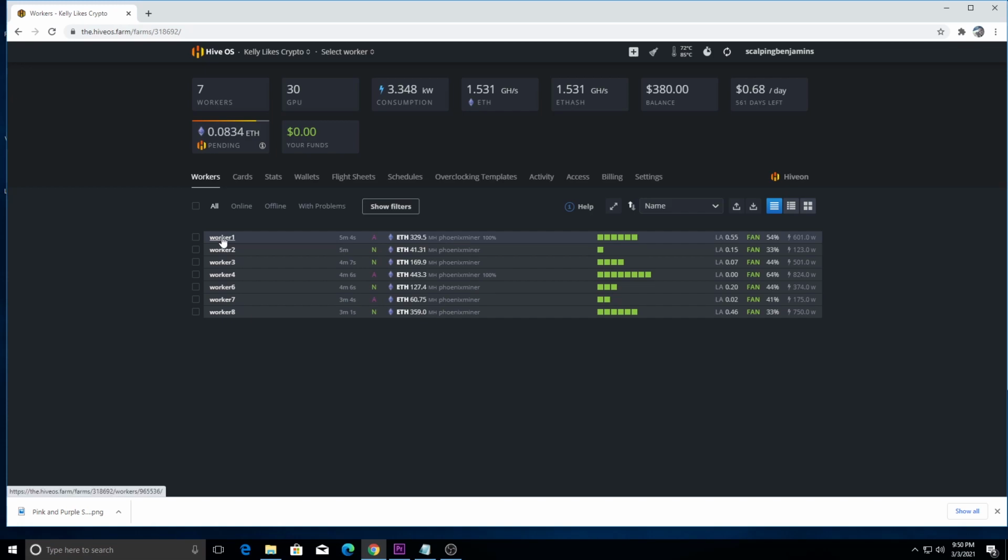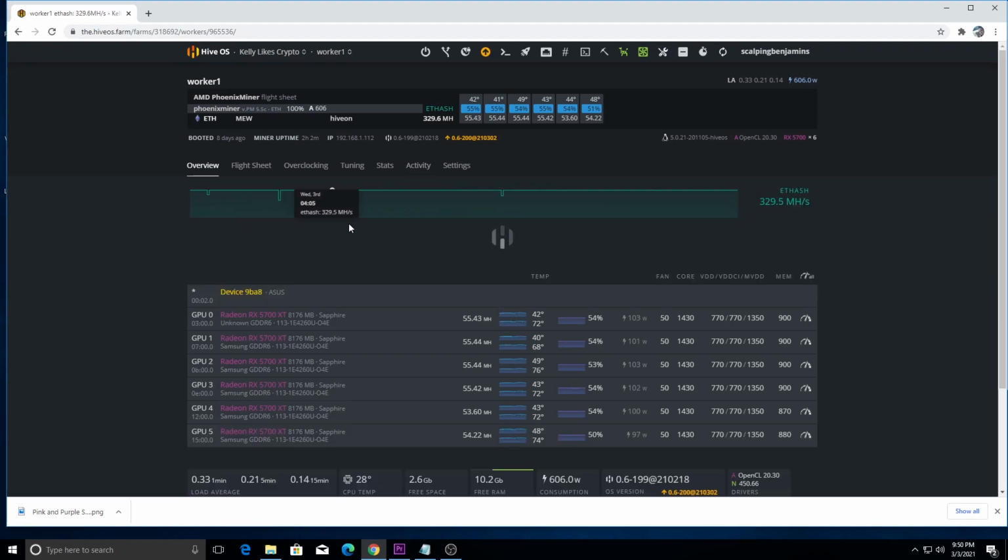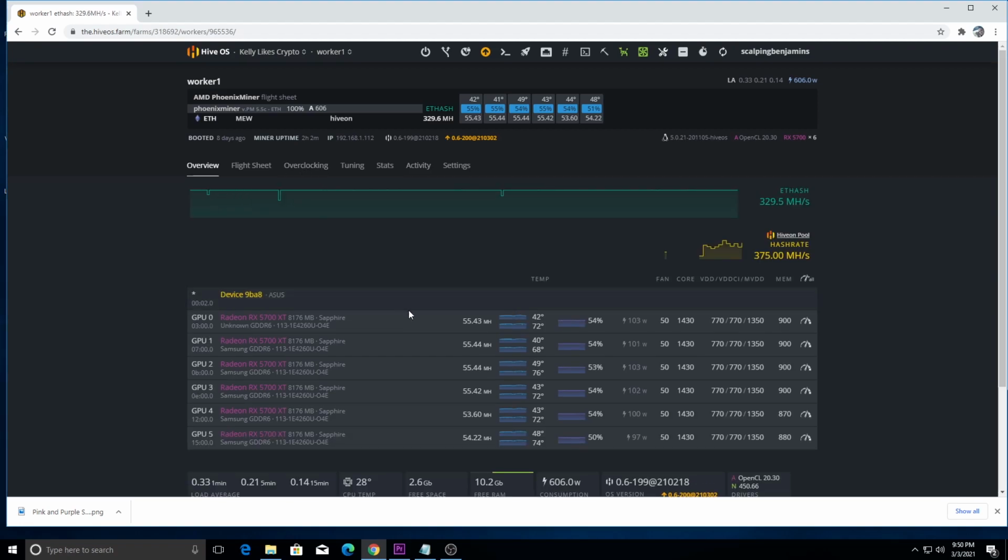So I got two 5700 XT rigs. I love those AMD cards. For overclocking, out of all these cards I did BIOS mod previously. I don't know if the BIOS modding really is necessary in Linux, in Hive OS.